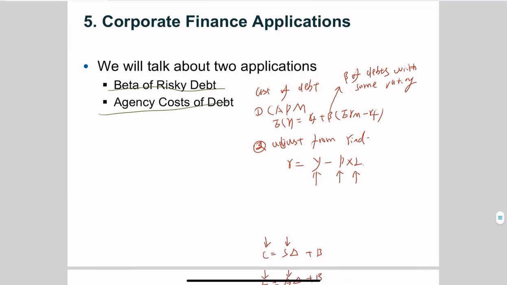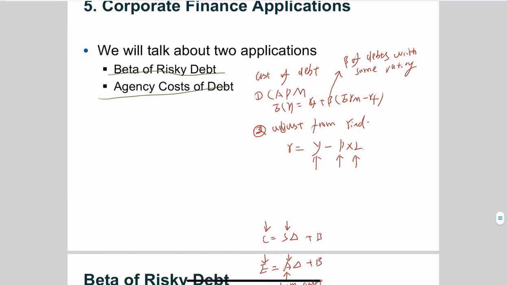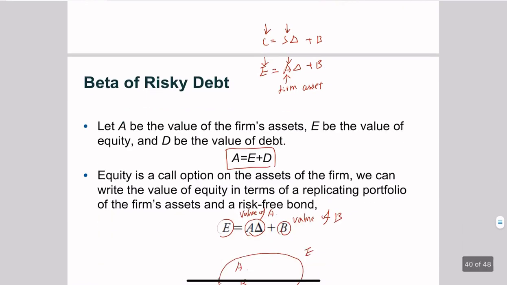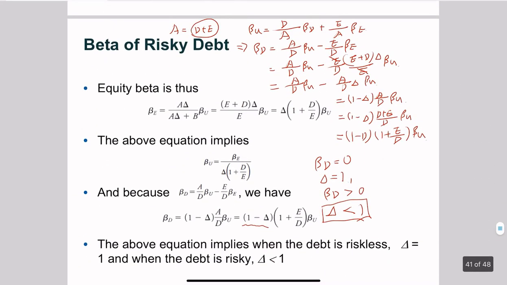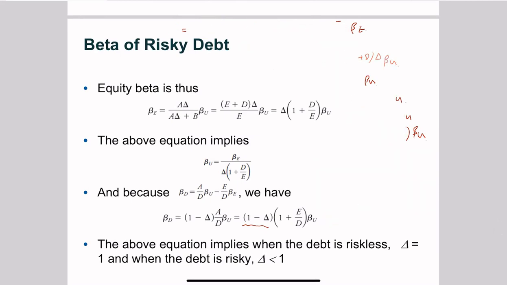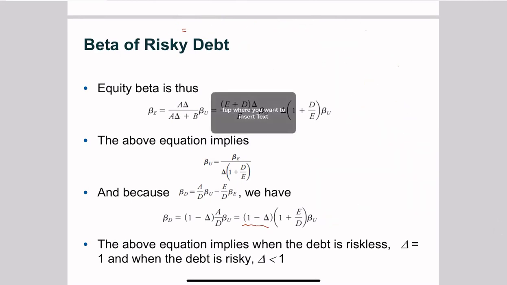And we started this section, beta of risky debt, and our major results are in this page. Right? So basically, you can see that beta of equity and beta of asset, or unlevered beta, are related.